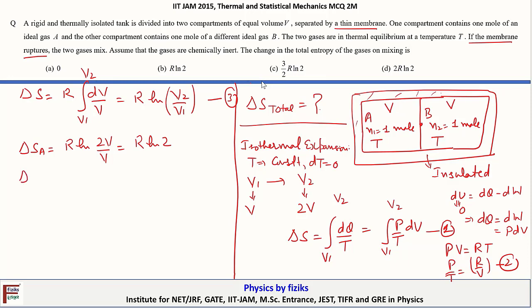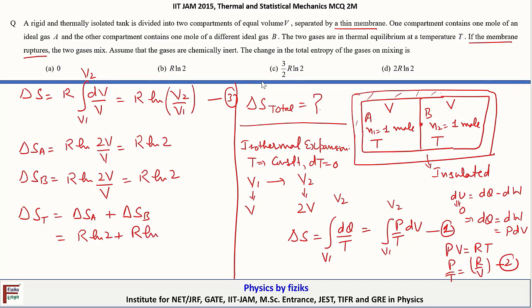Similarly, the entropy change for gas B, delta S B, is again R ln V2, which is 2V, divided by V1, which is V, and that is equal to R ln 2. Therefore delta S total for the system is equal to delta S A plus delta S B, which is R ln 2 plus R ln 2, and that is equal to 2R ln 2. Therefore D is the correct option here.